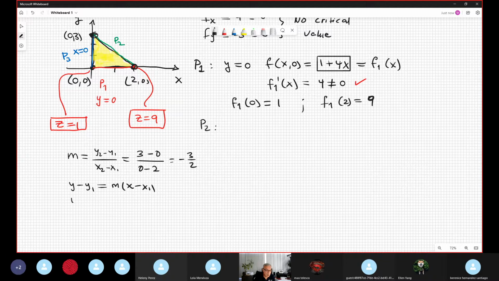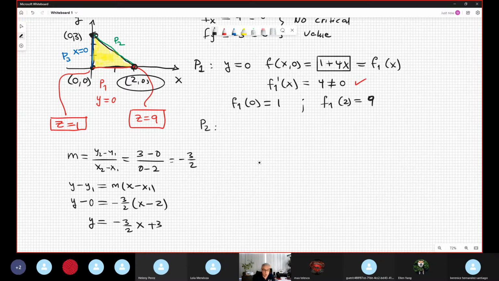So y minus 0 equals minus 3/2 times (x minus 2). Therefore, y alone, with the distributive property, is minus 3/2 x plus 3. Okay, and this is the equation of our line.